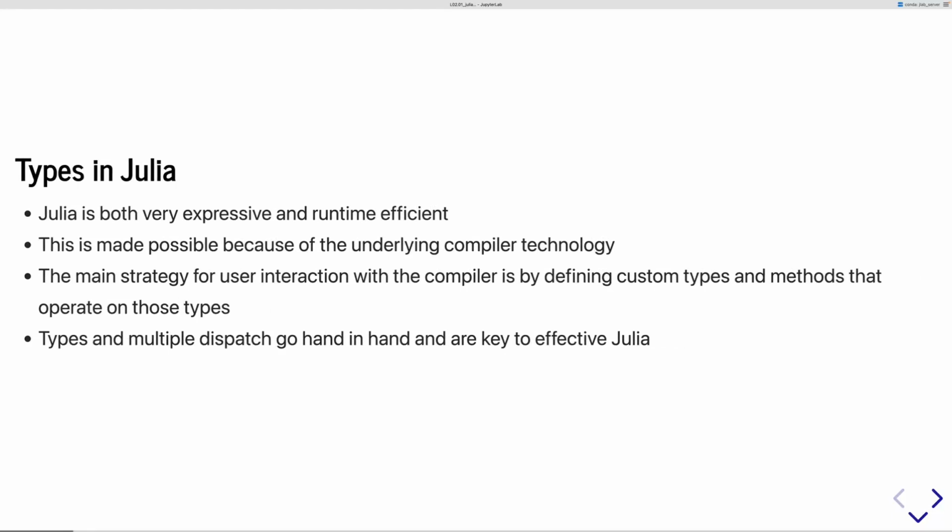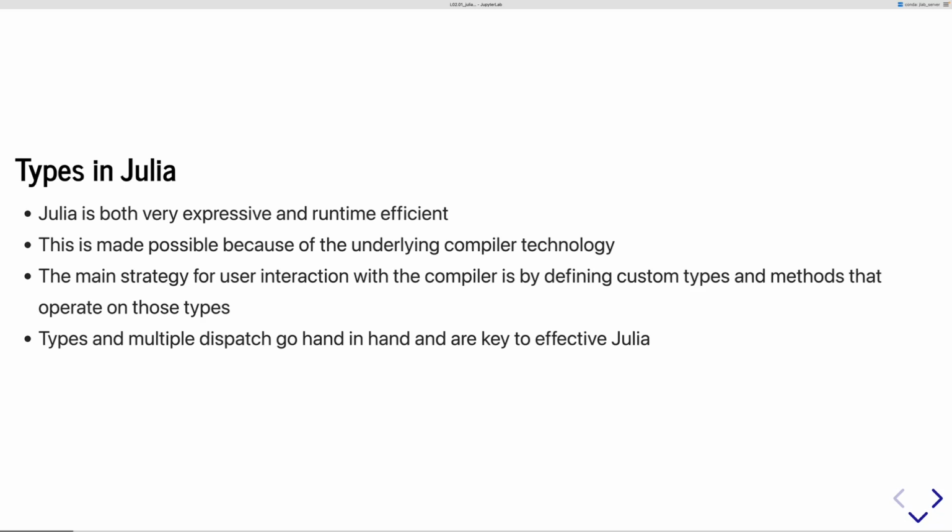So Julia, as we've talked about previously, is very expressive and pretty easy to write, but it's also very efficient at runtime. We talked about how this happens because of the underlying compiler technology that Julia is built upon. And our main approach for interacting with or guiding the compiler is by defining custom types and then methods that operate on those types.